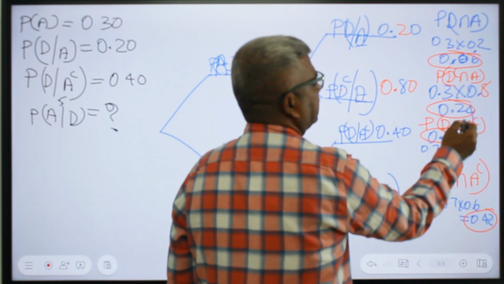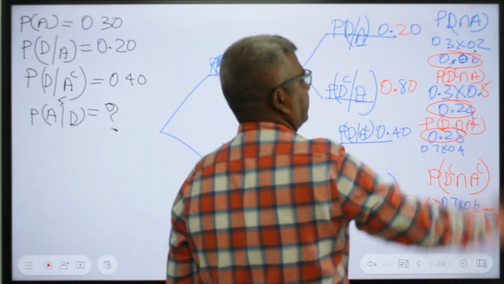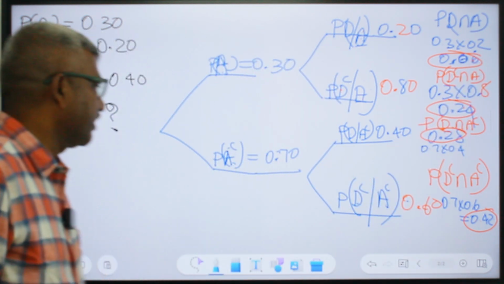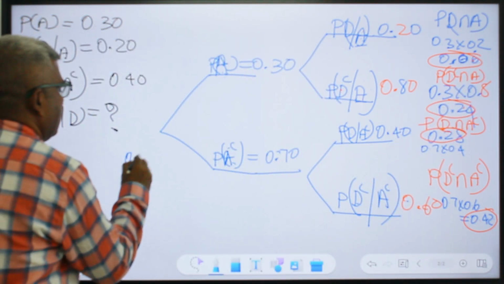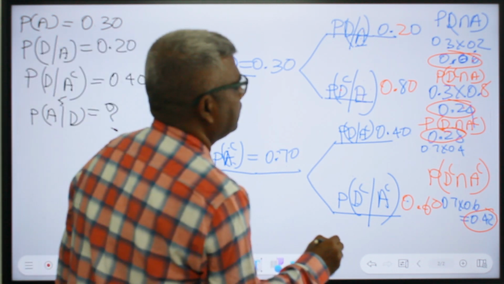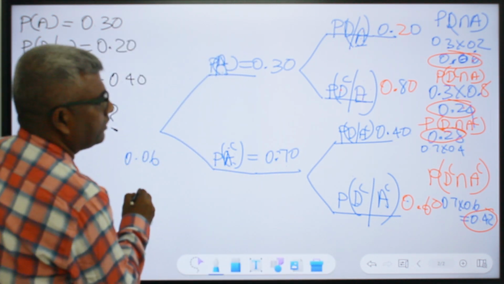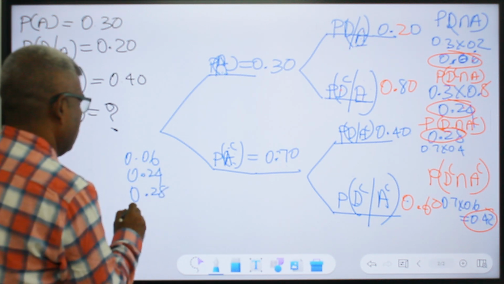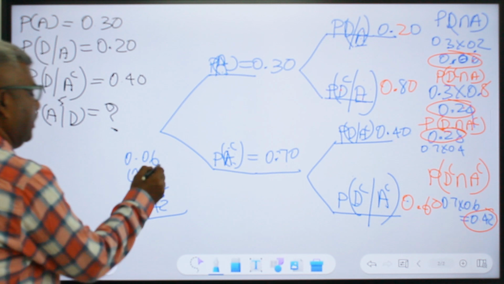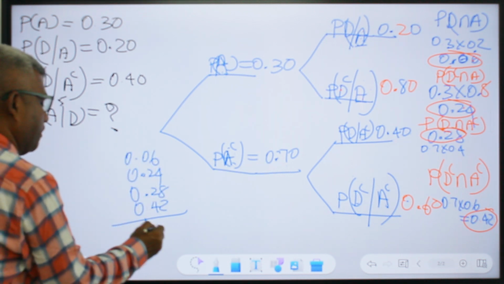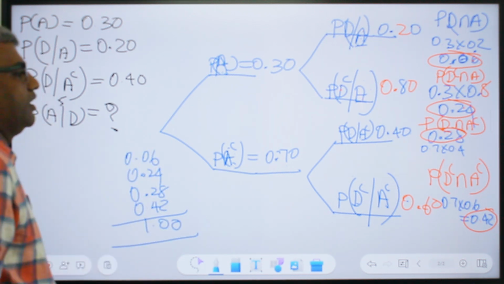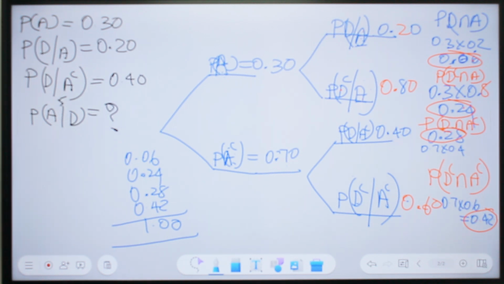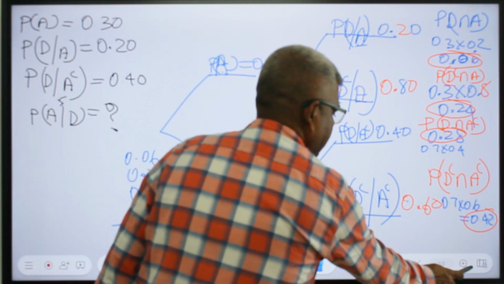If you add it, it will come to 1. 0.06, 0.24, 0.28, 0.42, 30, 58, 1.00. Copy down until now.